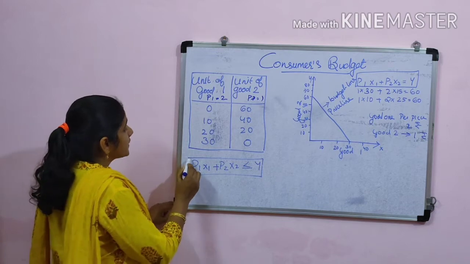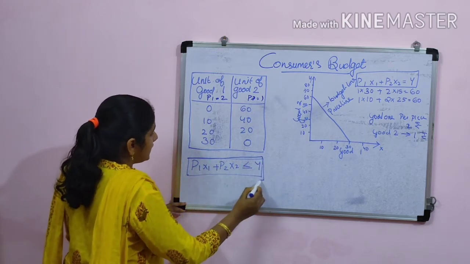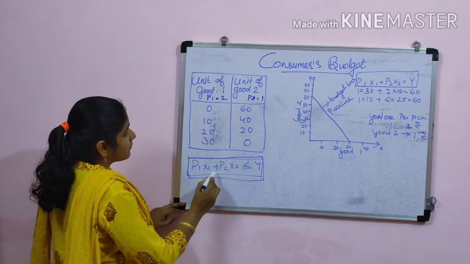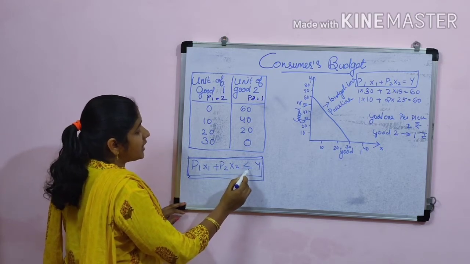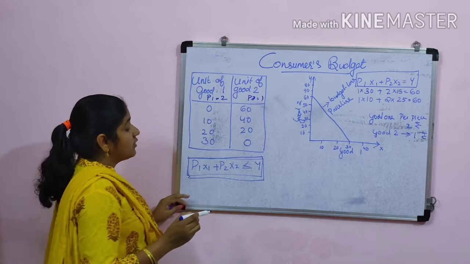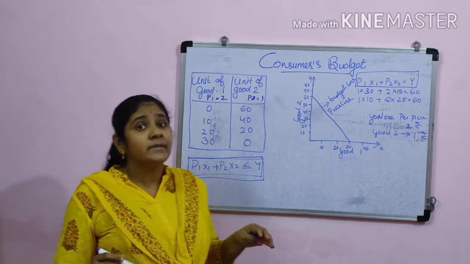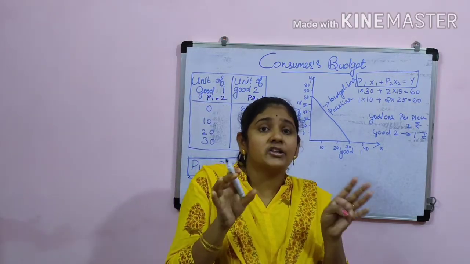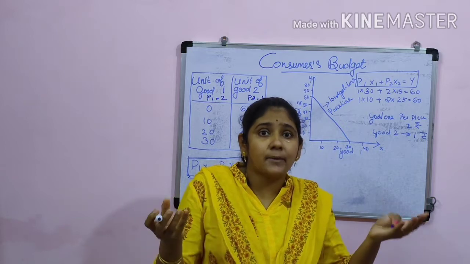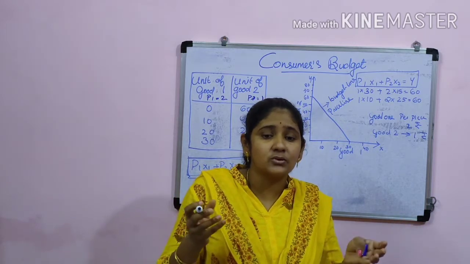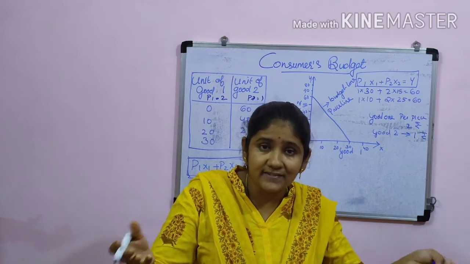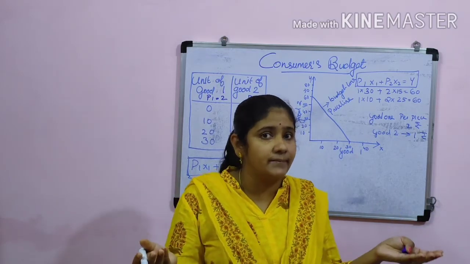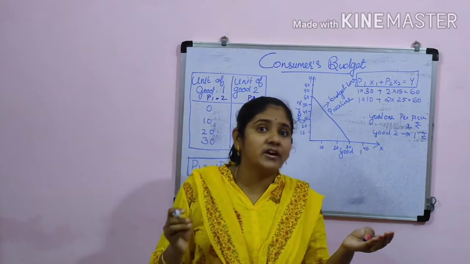Then students, this equation, P1x1 plus P2x2, should be less than or equal to Y. Why is it like that? Because if I am making some combination whose cost is 80 rupees, otherwise 100 rupees or something like that, what is the problem?